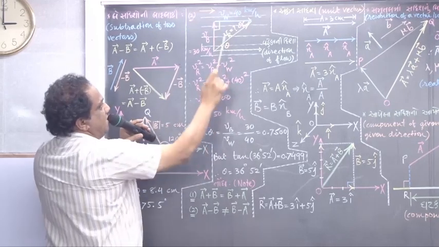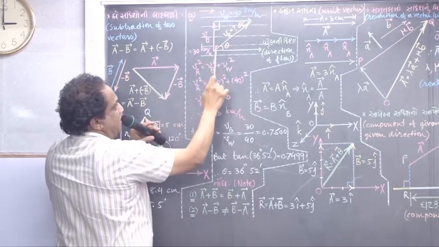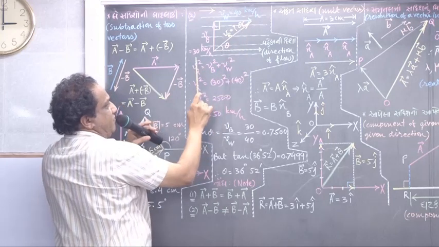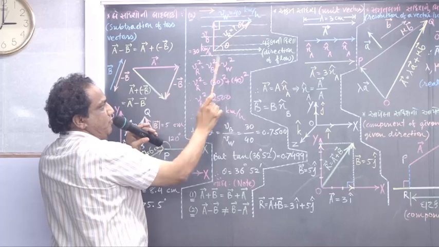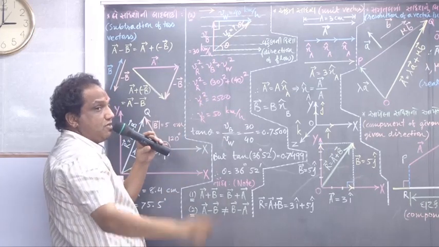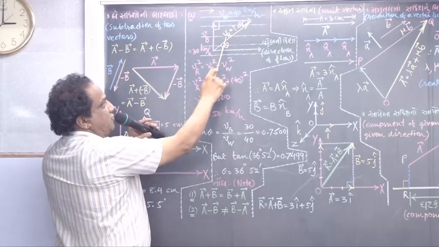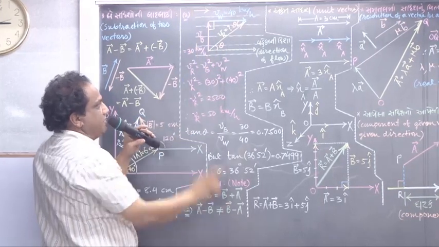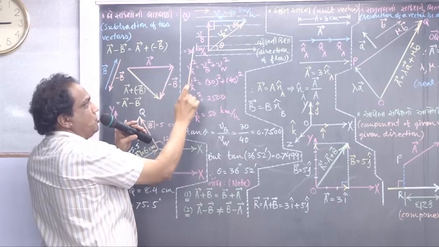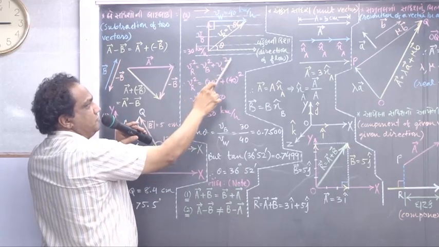This is a right angle, so this must be hypotenuse. Square of hypotenuse is equal to summation of squares of remaining two perpendicular sides. Pythagoras theorem: VR square equals VB square plus VW square.